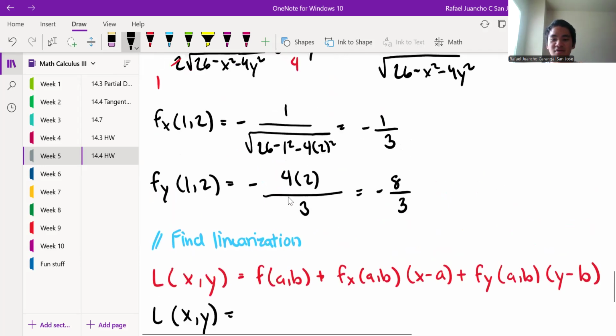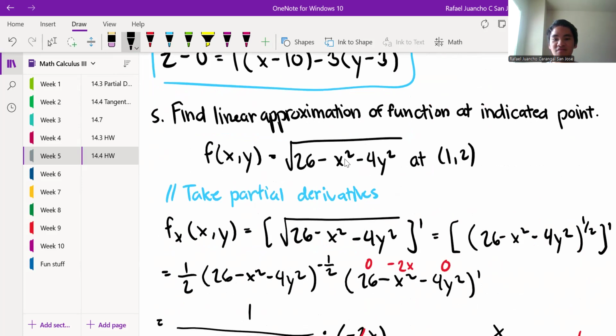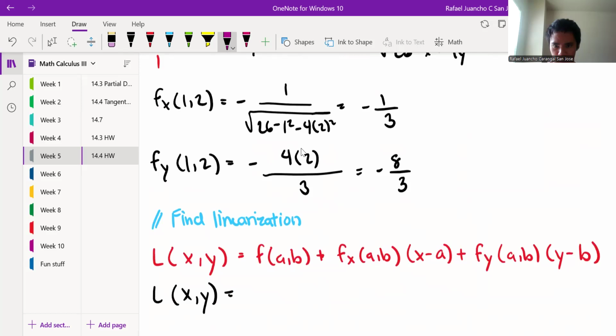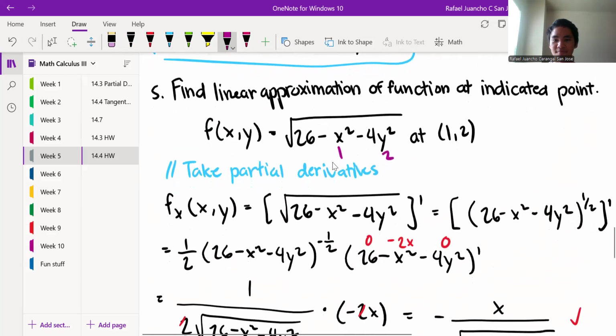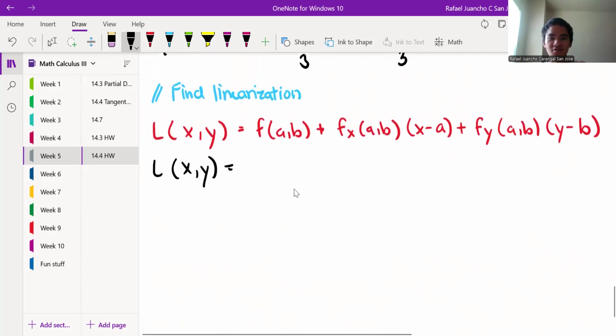My f of (a, b), what is this? I just realized I haven't plugged this in. If we plug in a 1 and a 2 here, what do we get? We get 3, right? Because we just did it. We actually get 3 here.